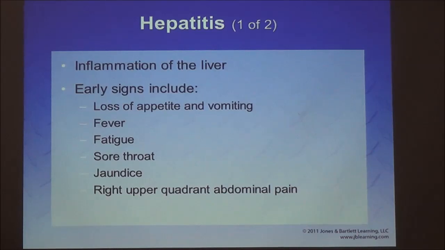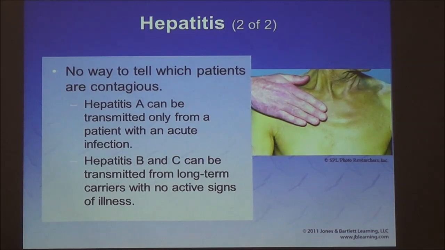Hepatitis is an inflammation of the liver, and there are different types of hepatitis. In addition to this, you have loss of appetite, fatigue, jaundice, right upper quad pain, and you can't tell who's got hepatitis A, B, or C just from appearance. So you have to treat everyone as if they're highly infectious.